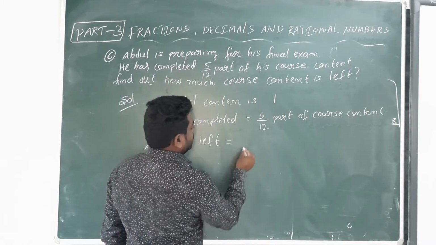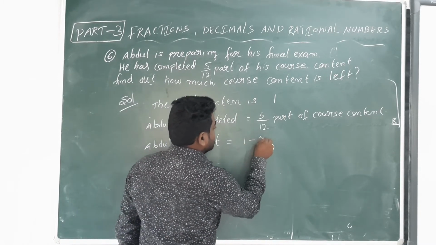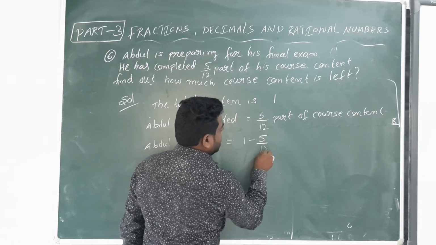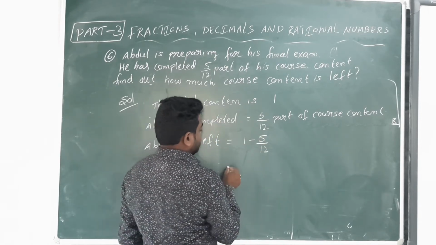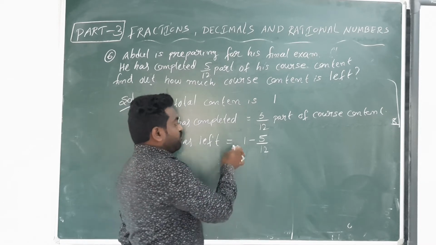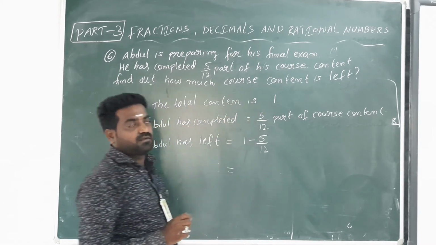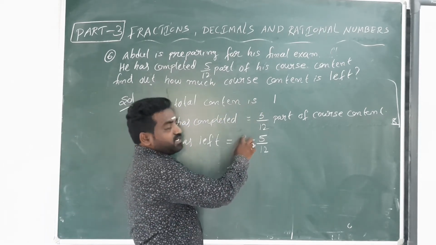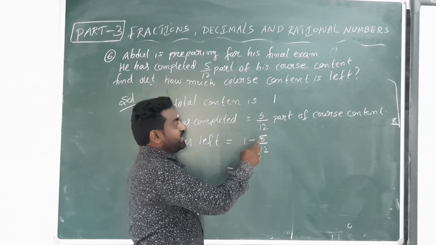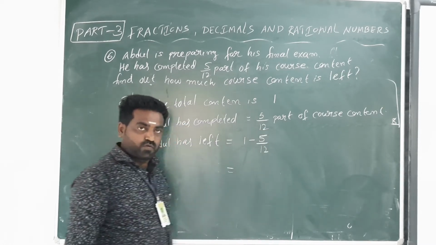That is equal to 1 minus 5/12. 1 is the total course, 1 minus 5/12.